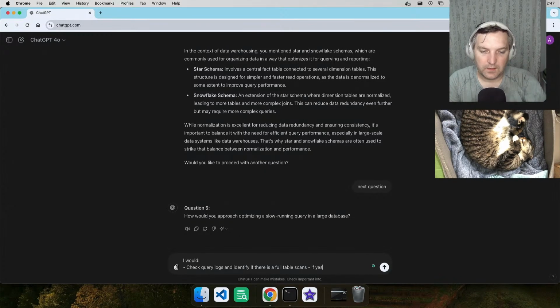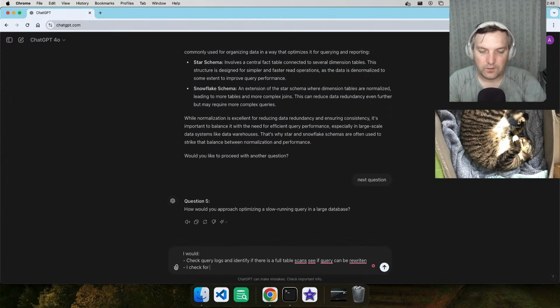If yes, well, if there is a table scan which is actually needed, see if the query can be rewritten. Next, I check for indexes and make sure each query hits the correct indices.